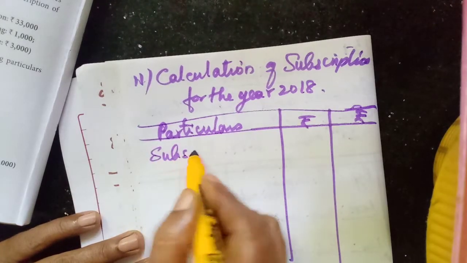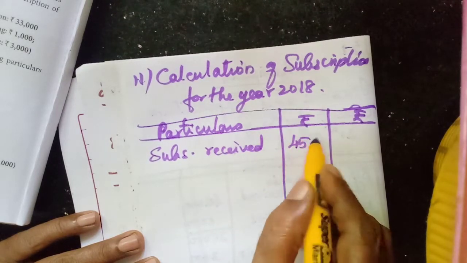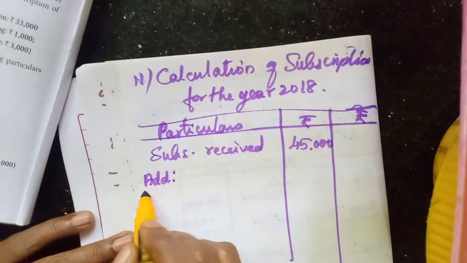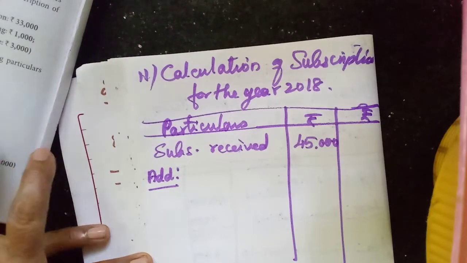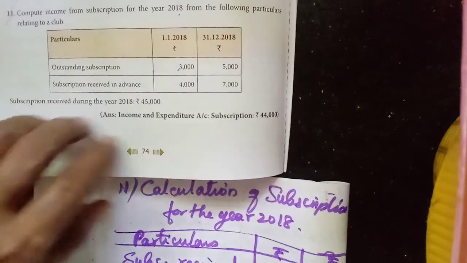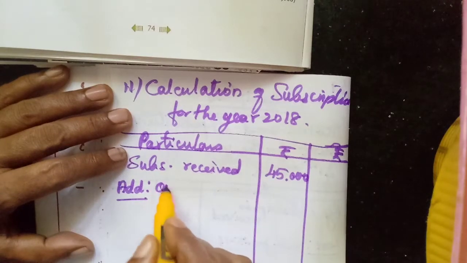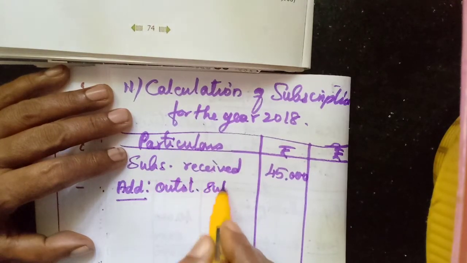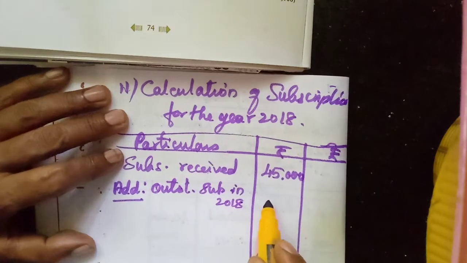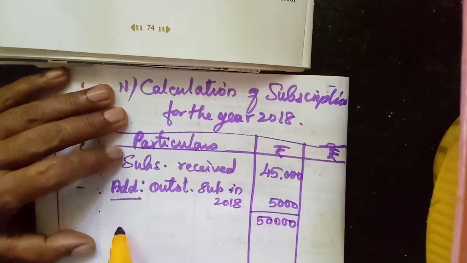Subscription received, how much? 45,000. Then we should add current year's outstanding subscription. Which one? This one. Add outstanding subscription in 2018, 5,000, so 50,000.